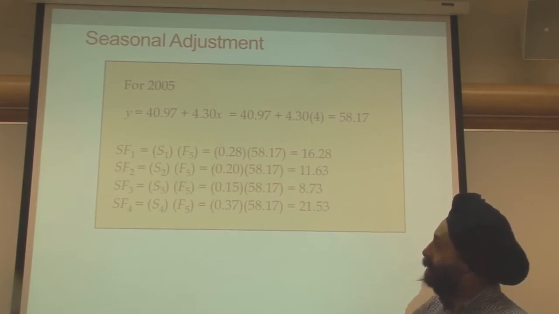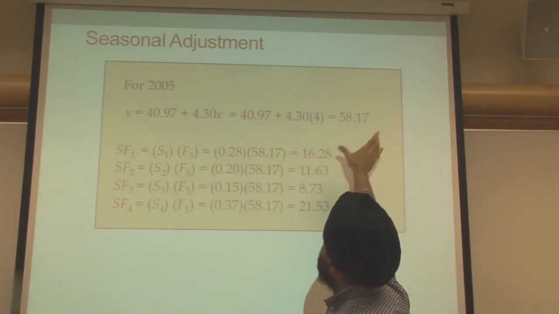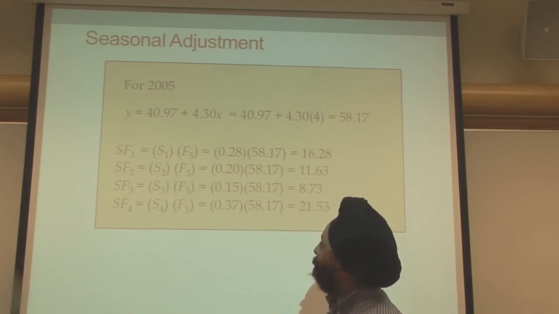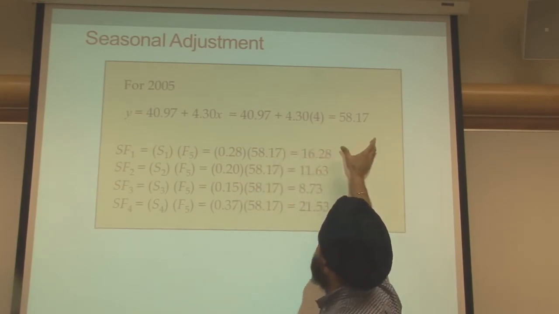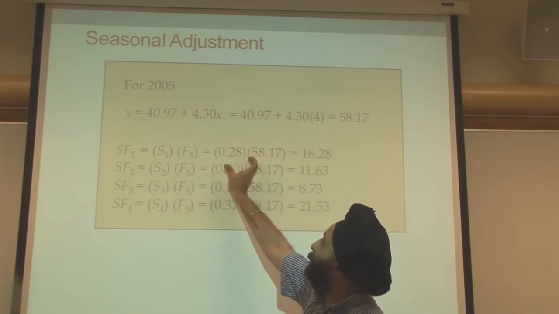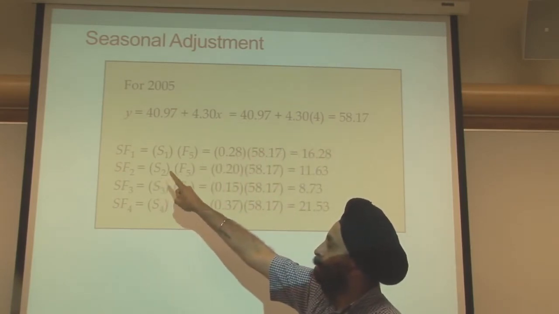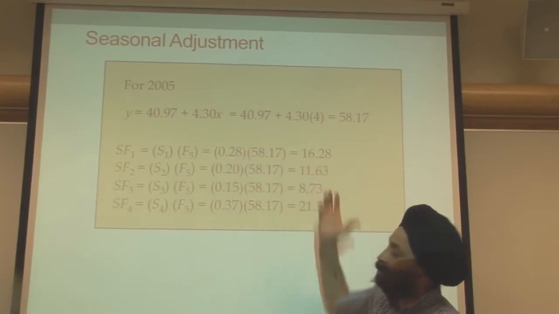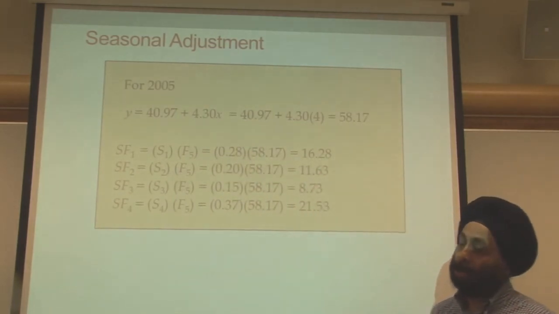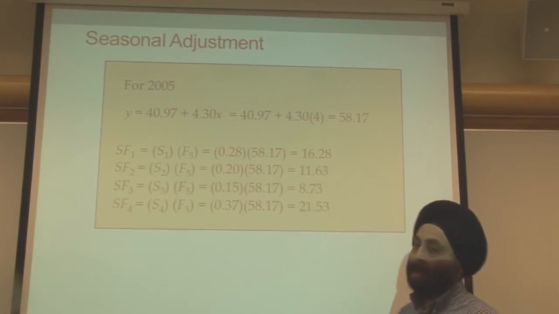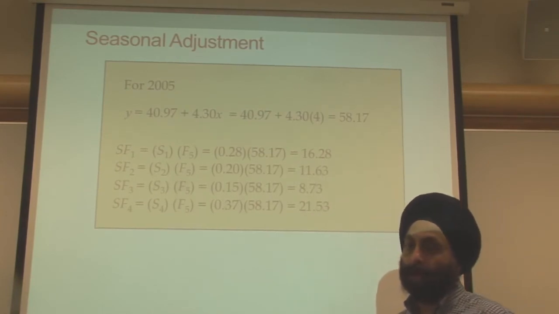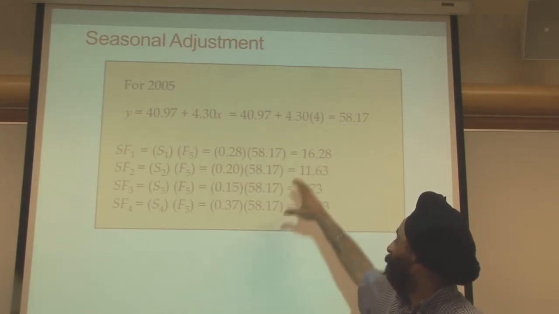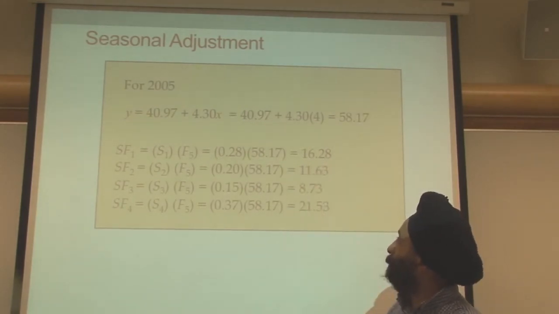And in this case, for the first quarter, that is the base demand by the quarter, but for the whole year, 28% of that occurs in quarter 1. So 28% of 58.17 means 16.28, or 16,280 units forecasted in terms of sales.